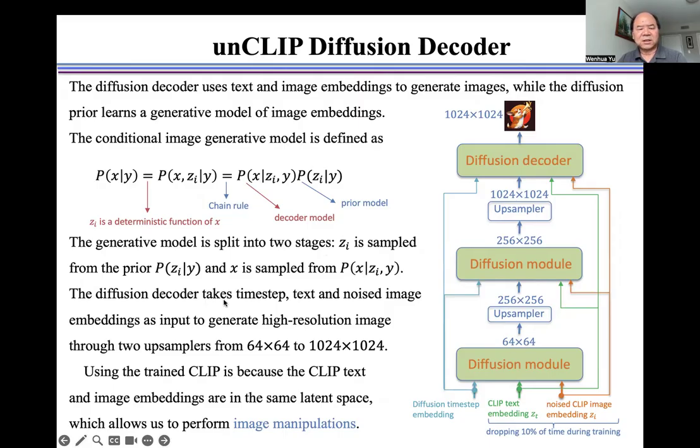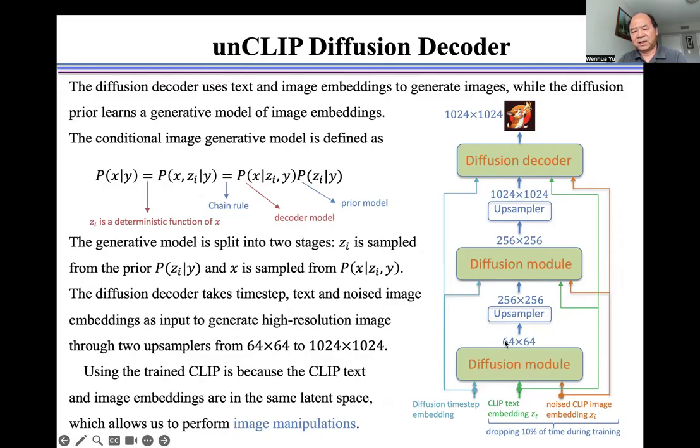The diffusion decoder takes the time step, text, and noised image embeddings as input to generate a high-resolution image, as shown here. This input and this output go through two upsamplers from 64 by 64 to 1024 by 1024, as shown here.